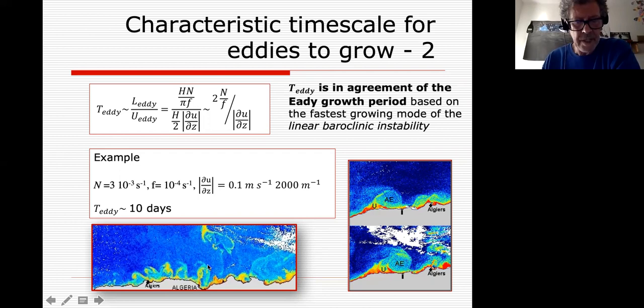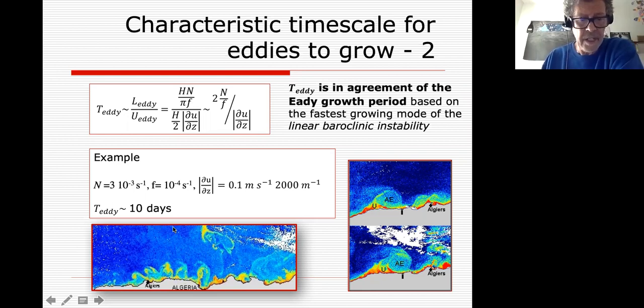There's the Algerian current that is formed on the North Africa side of the Mediterranean, a current formed by modified Atlantic water rimming the coast going eastward, as the large-scale general circulation of the Mediterranean imposes, and there are instabilities here formed probably by baroclinic instability that create vortices as a continuous transfer between kinetic energy to potential energy, to eddy kinetic energy, that form these eddies that grow in time, and then at the end they dissipate.